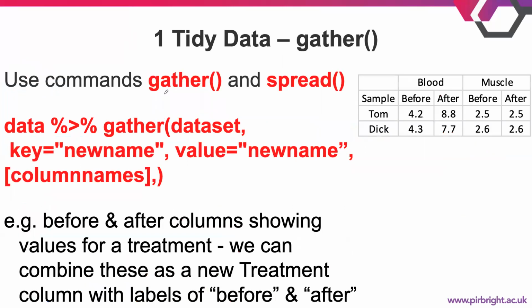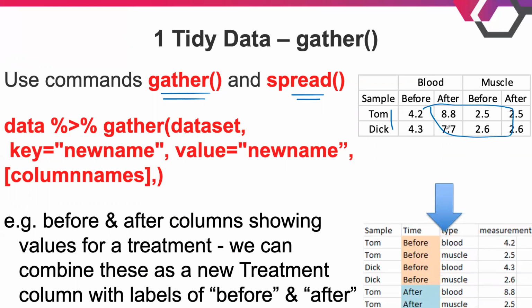We're going to focus on 2 commands. In particular, one key one is called gathering, and that transforms our wide data into long data. Spread is also a similar function that does that. That means we might have Tom and Dick here, and they have blood before and after, a muscle before and after, and they have a bunch of values here. This is the wide data format that we're familiar with.